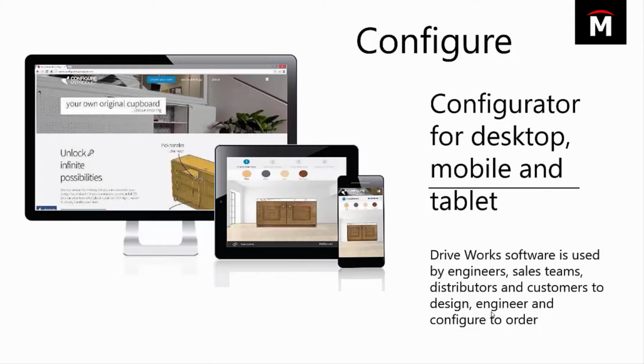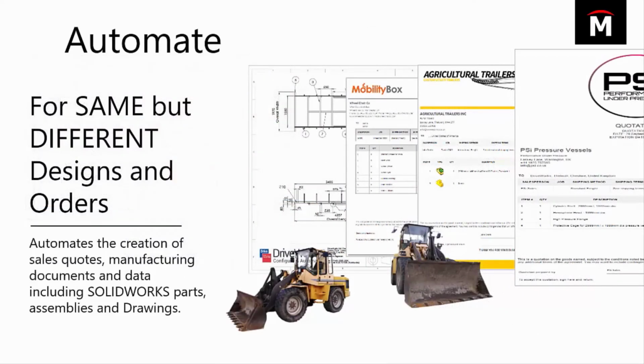Now, it's not just enough to know what your customers need, you also need to be able to generate all the data that goes along with manufacturing those products. And that's where the second key piece of functionality comes in, and that's that SolidWorks and DriveWorks offer an automation solution. So we take all of that information from the configurator side of the product, and then we actually generate all the downstream data, so things like parts, assemblies, bills of material, quotes, and we're able to basically generate all this data that we need to get this product out the door.